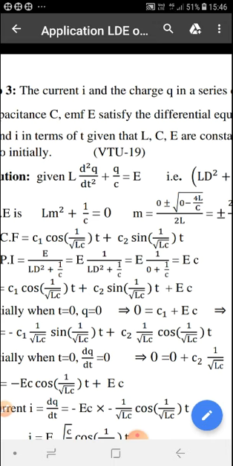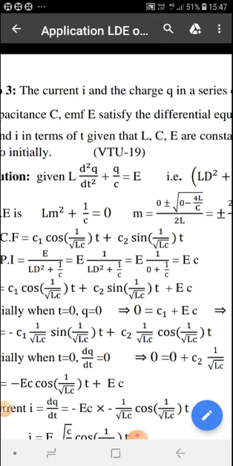You can treat 1 as e^(0t). So the particular integral is calculated by replacing D by 0, provided the denominator is not 0. On replacing D by 0, it will be E into 1 by (0 + 1/C), E into 1 divided by 1/C, or it is EC.